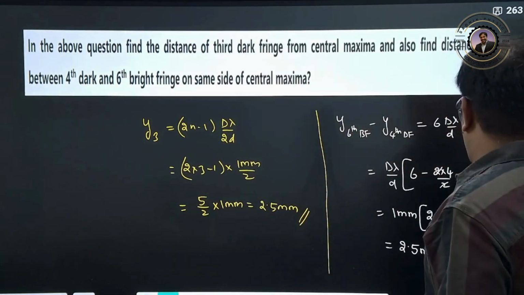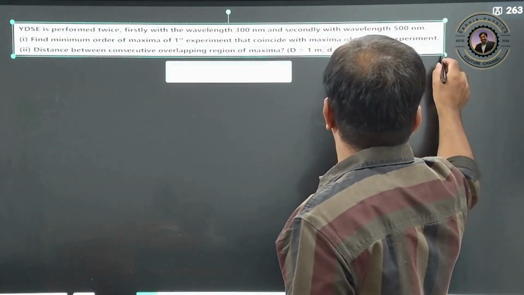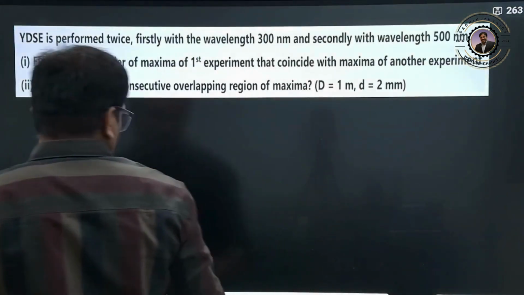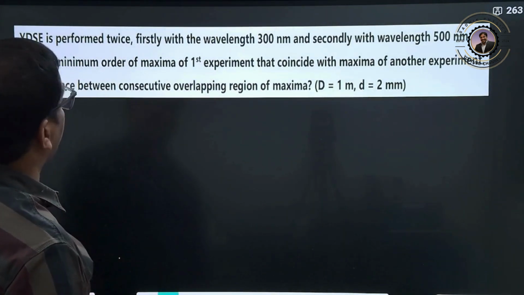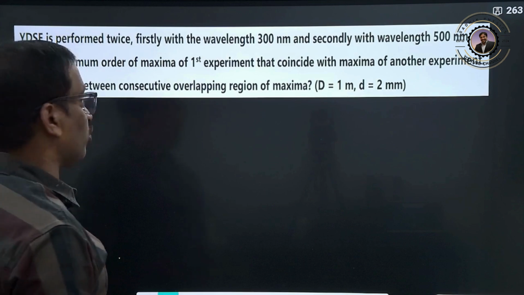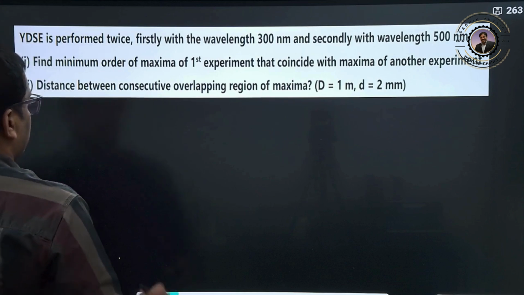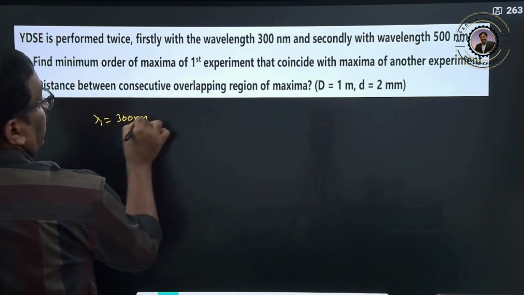Now we'll go for another question. In YDSE performed twice, therefore two times it is performed. Firstly with wavelength λ1, how much is it? 300 nanometer.